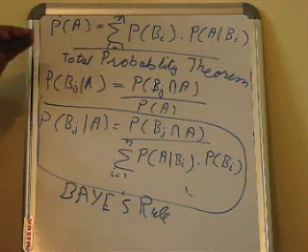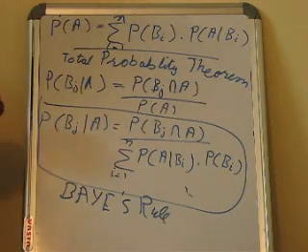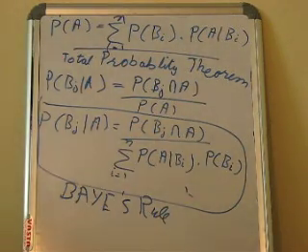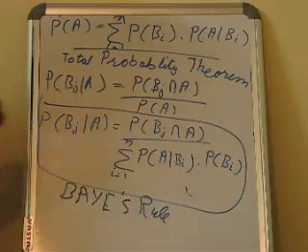I'll explain it once again. We have n number of disjoint sets, n number of exhaustive events, B1, B2 to Bn. We don't know which of the exhaustive events has occurred. So let's say that we need to figure out the probability of Bj when A has already occurred.